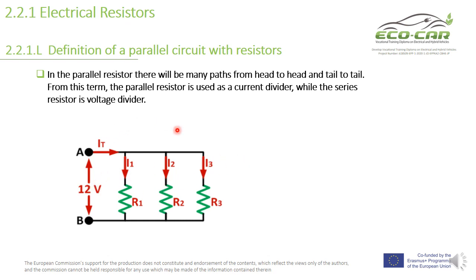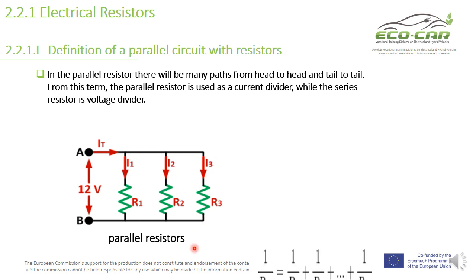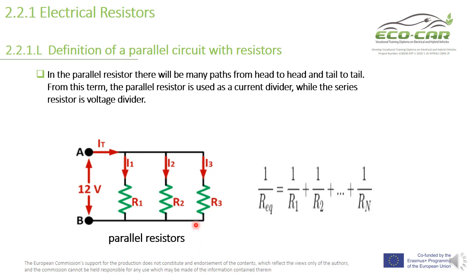The equivalent of these parallel resistors, R equivalent, is: 1 over R equivalent equals 1 divided by R1, plus 1 divided by R2, etc. This is how to get the equivalent resistance for these three resistors.